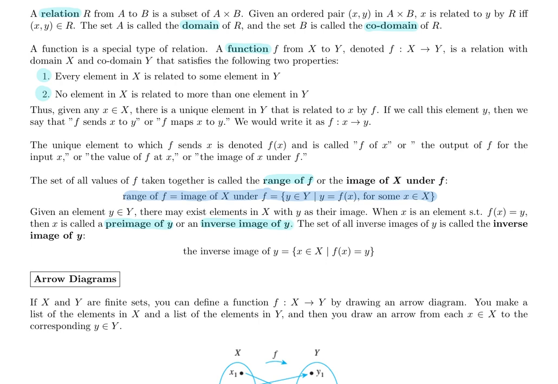You've probably heard something very similar to that. The set of all inverse images of y is called the inverse image of y. We define the inverse image of y as the set of all elements x in the domain such that f of x equals y.